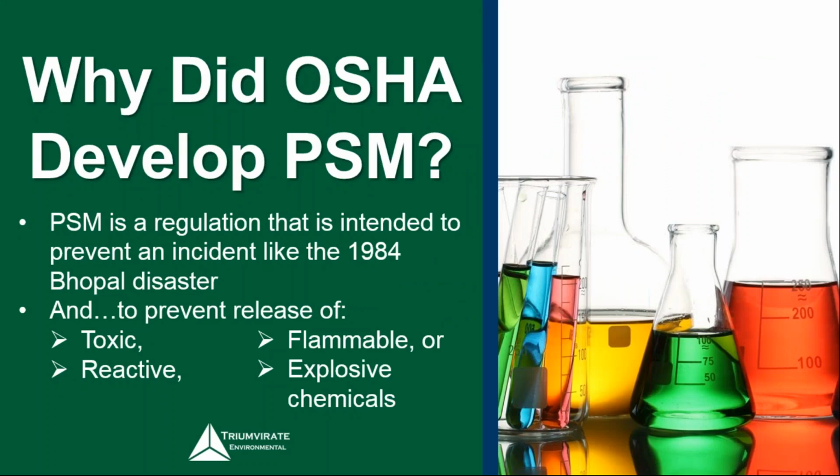So when they put this all into place, the whole idea of the regulation was intended to prevent things like Bhopal or any of the other incidents that you want to talk about. And it was all around the toxic, reactive, flammable, and corrosive chemicals.